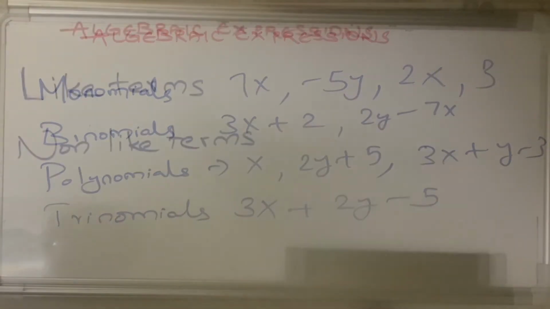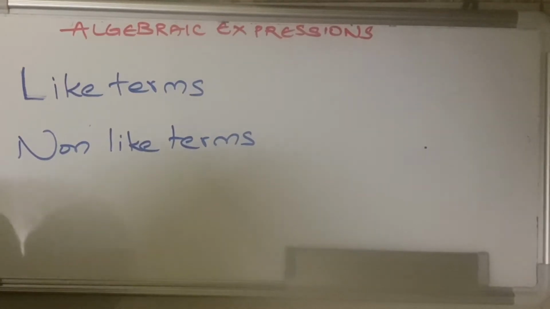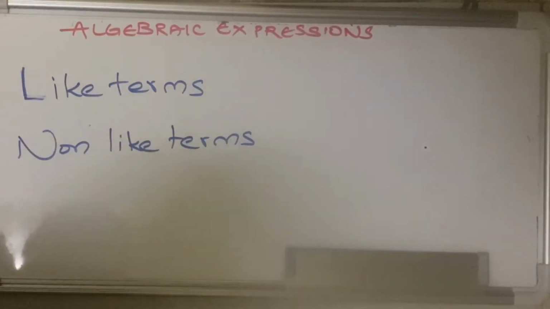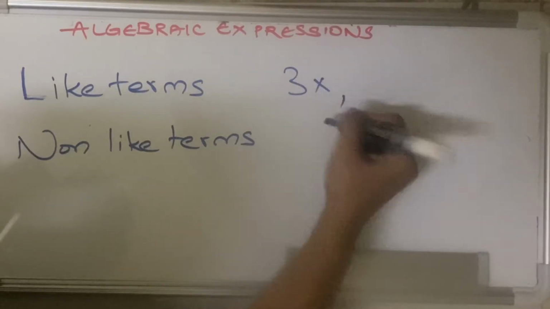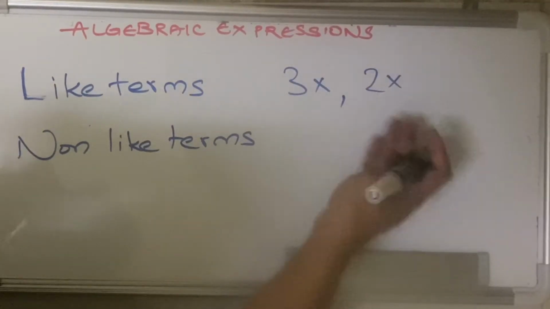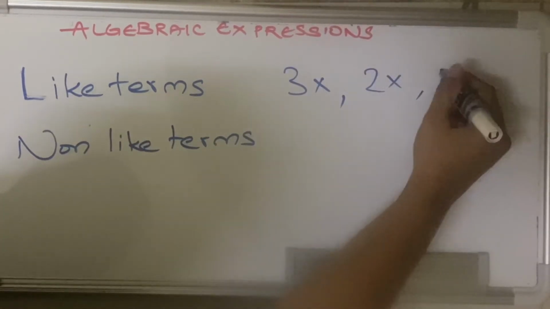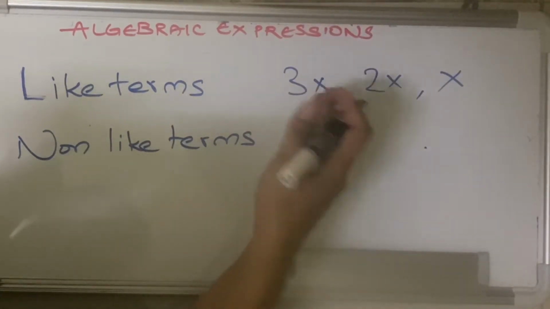Clear? So like terms are those terms which have the same variable in them. If you have 3x and 2x, these are like terms because both of them have the same variable x. If it is simply x, that is also a like term of 3x.